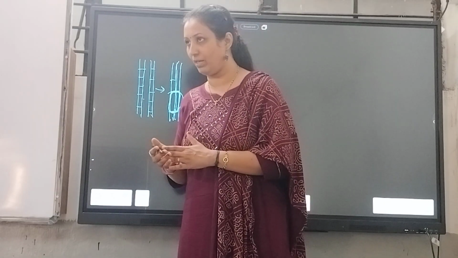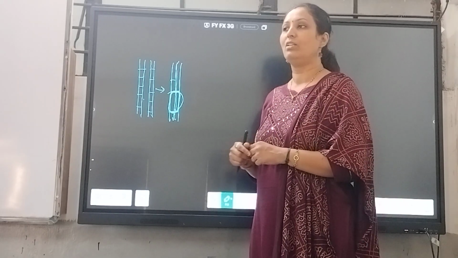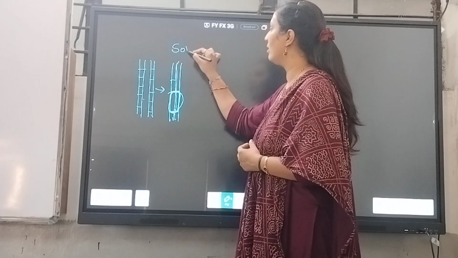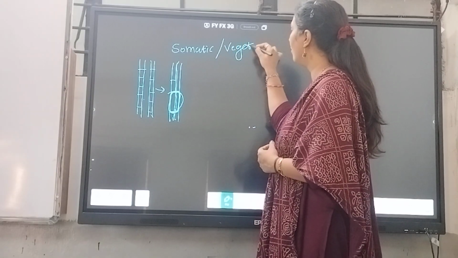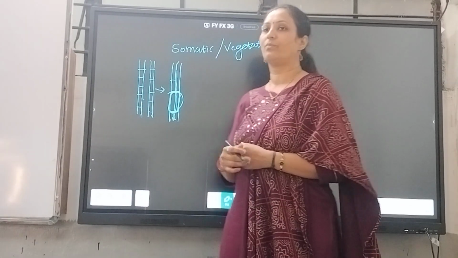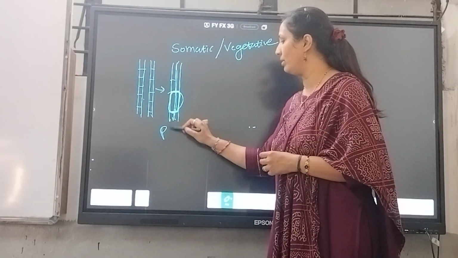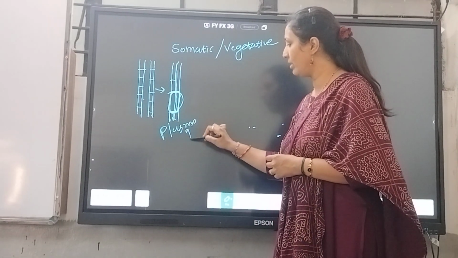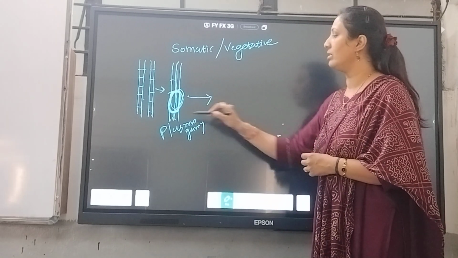Fusion, plasmogamy. So which cells are undergoing plasmogamy? Somatic or reproductive? Somatic. Right? These cells will undergo the first event, plasmogamy. Now this plasmogamy occurs in this cell.